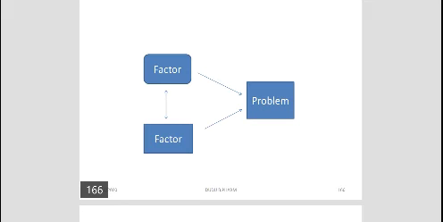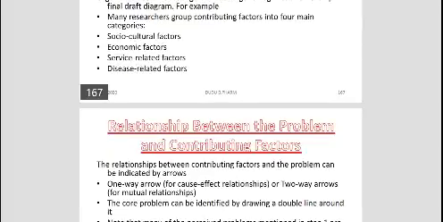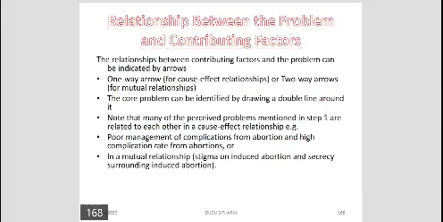Are we getting it? We should see this is a mutual relationship, and the arrow shows it. For example, in this factor and this factor, the type of arrow which has been used here shows the mutual relationship. Two-way arrow for mutual relationship.